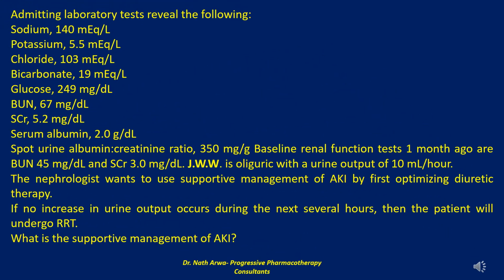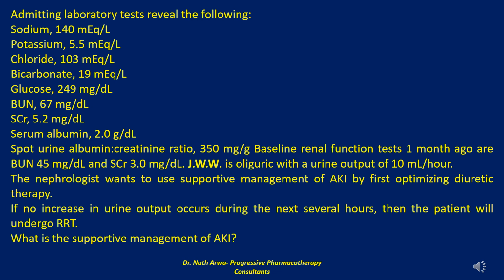Admitting laboratory tests reveal the following: serum sodium levels of 140 milliequivalents per liter. Serum potassium levels of 5.5 milliequivalents per liter. Serum chloride levels of 103 milliequivalents per liter. Serum bicarbonate levels of 19 milliequivalents per liter.